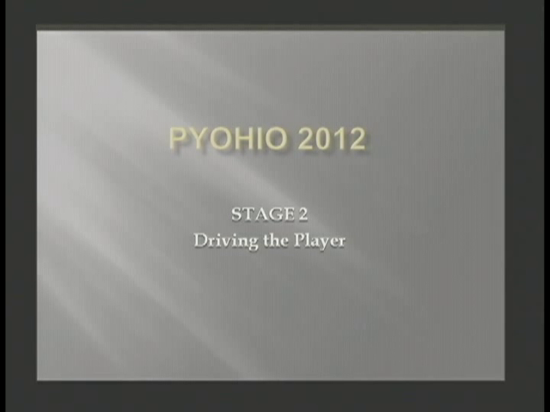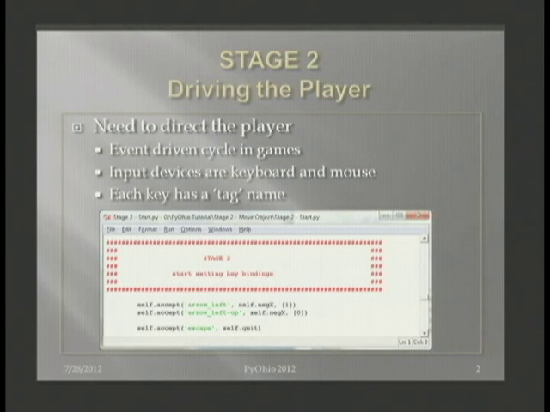Driving the player. If you go into the skeleton code and even the finish code, the done code, you'll see that stage 2 banner in command and comments listed. The game uses an event-driven cycle.